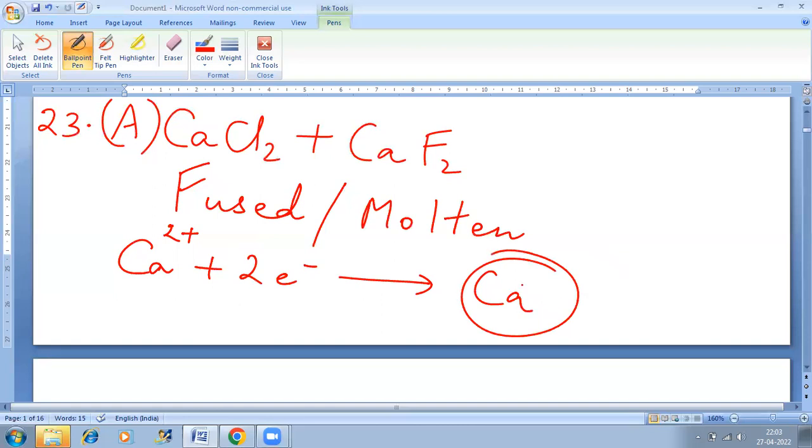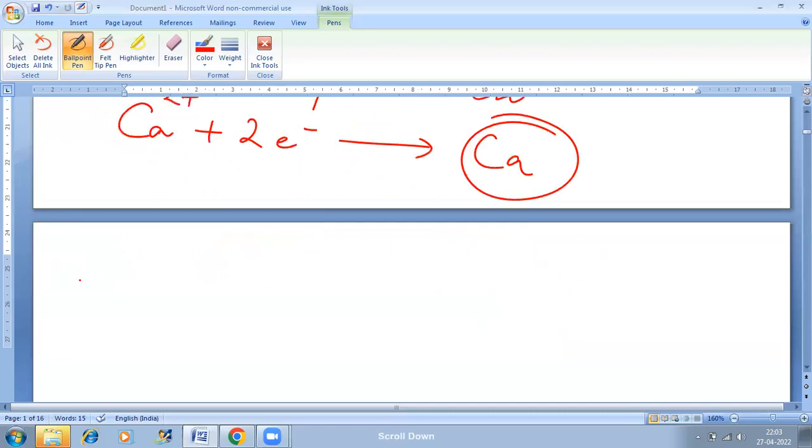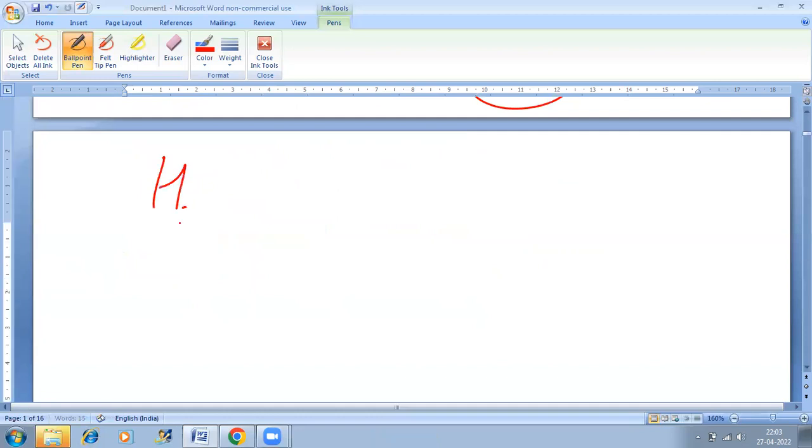The issue with option B is the presence of water. They have used the word solution, and if the word solution is used, that means H2O is present. H2O interferes during electrolysis, and hence I do not obtain calcium. Rather, hydrogen gas is obtained. Hence, we cannot choose any option where water is present.